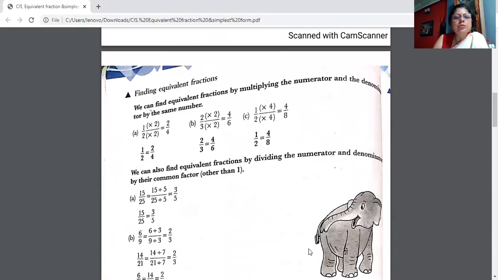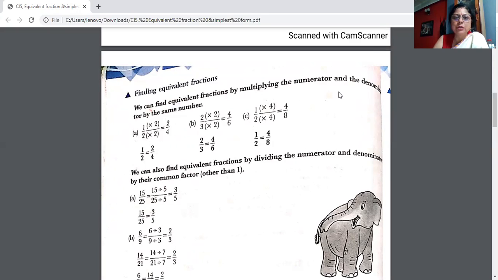Now we can also find equivalent fractions by multiplying both numerator and denominator by the same number, or by dividing the numerator and denominator by the common factor. That means we can multiply both numerator and denominator by 2, by 3, by 4, by 5, by 6, and so on, and keep on finding equivalent fractions of one fraction.